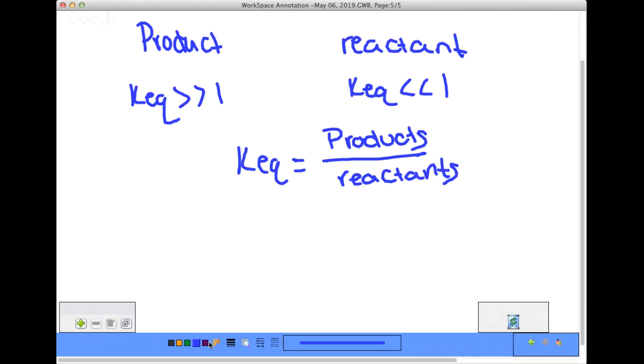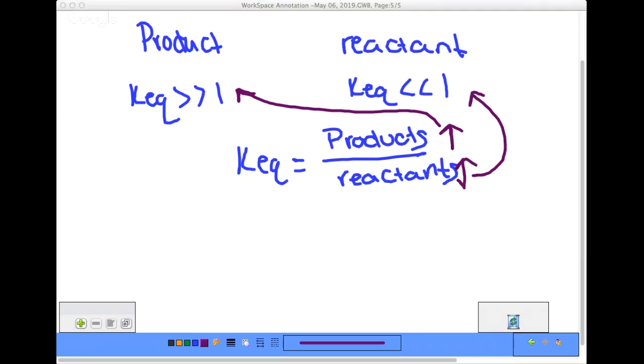So notice that if the concentration of our products is really high, KEQ is going to be greater than 1, so it's going to be product favored. If our reactants are really high, that means that KEQ is going to be less than 1, so it's going to be reactant favored. So based off the value of KEQ, we'll be able to tell if the reaction is product or reactant favored.